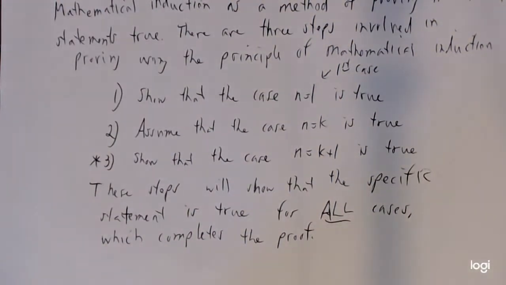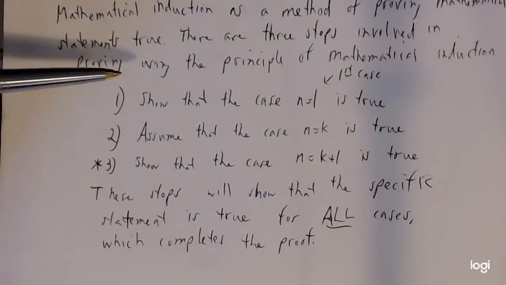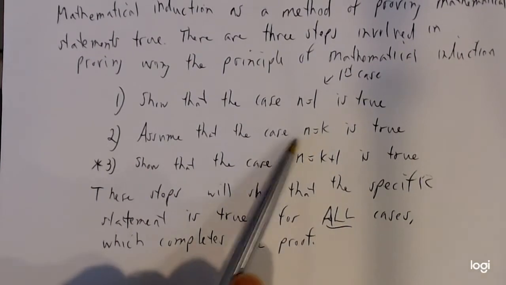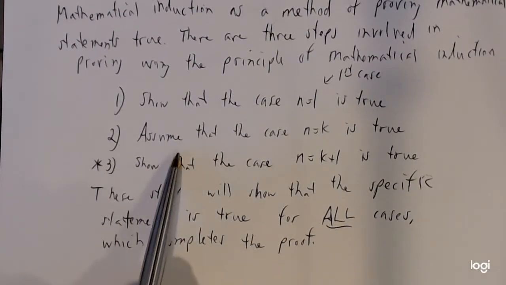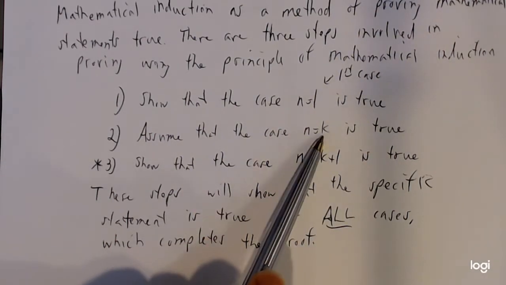Okay, so let's go back to why this completes the proof. What's important is we're saying, suppose that n equals k is true. This statement is true for the kth case.